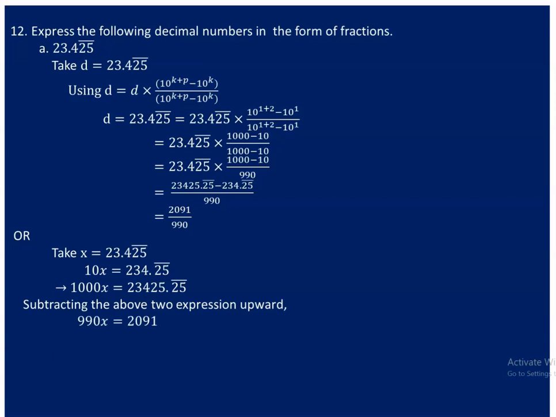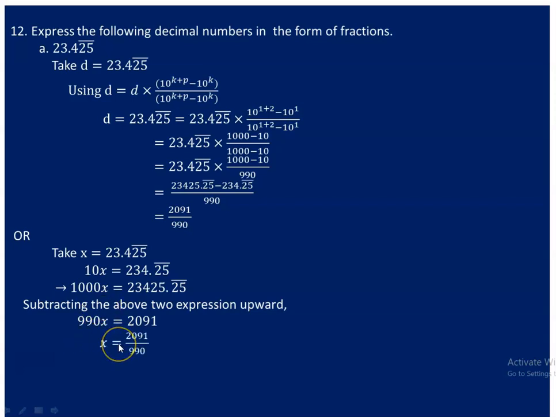And 23,425 minus 231 makes, what, students? 2091. So our intention is to find the equivalent fraction form for this x. So let's divide the whole by 990 in order to obtain x alone.